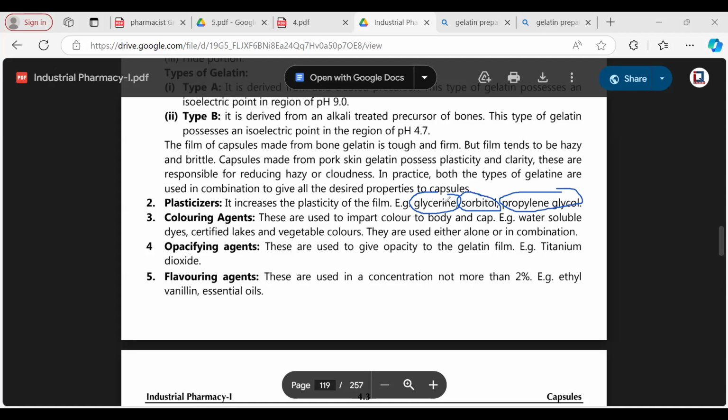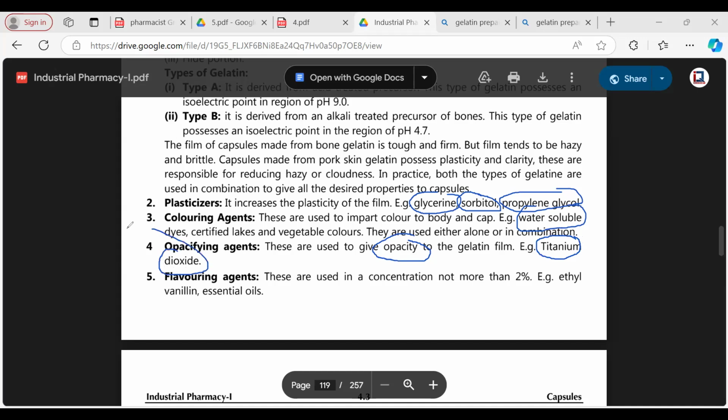Next is coloring agent. Depending on the type of color you want, we can use water soluble colors in preparation of gelatin. Opacifying agents are generally used to give opacity, to mask the imperfections, to give the shiny and glossy nature. And the favorite opacifying agent in pharmacy, from first year onwards, is titanium dioxide.